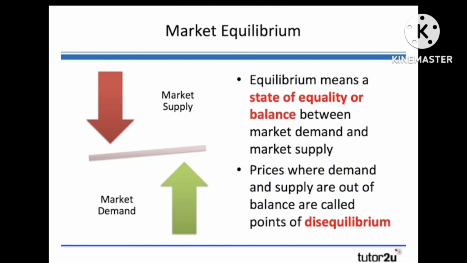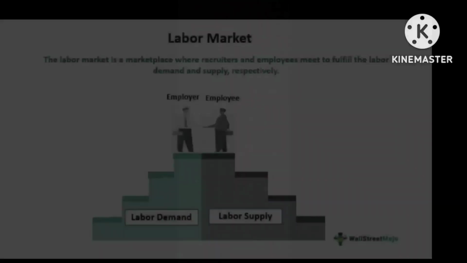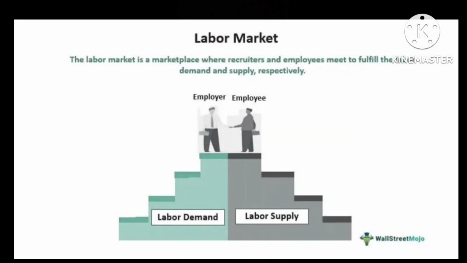Now, what does the term labor market mean? The labor market is the ability of employment and labor in terms of supply and demand. The labor market is in equilibrium when supply equals demand.